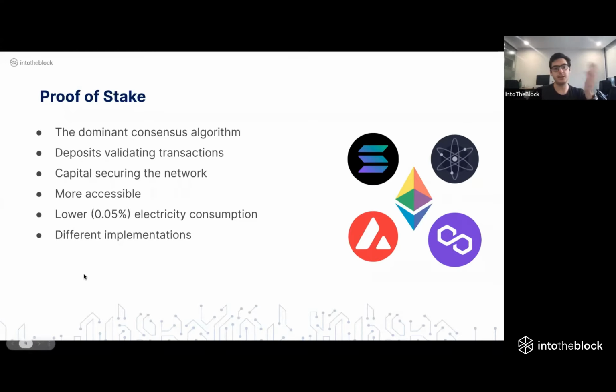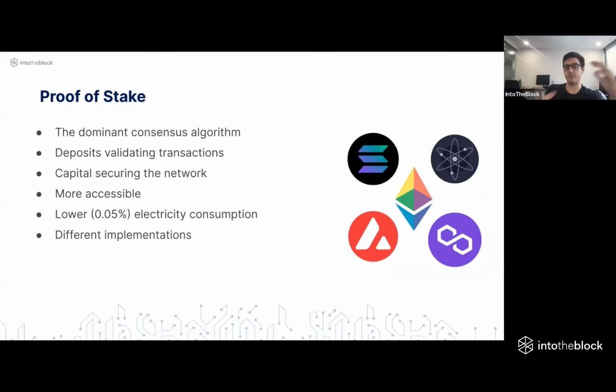And essentially, a key difference between proof of work and proof of stake is that it does not require mining equipment. So instead of having these machines validate transactions, you have deposits of the native token in smart contracts that are deposited to validate transactions of the network in a decentralized way as well.